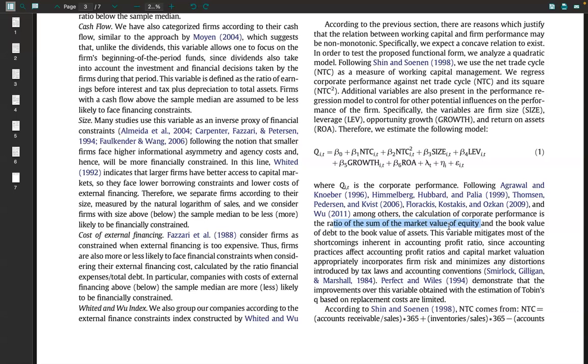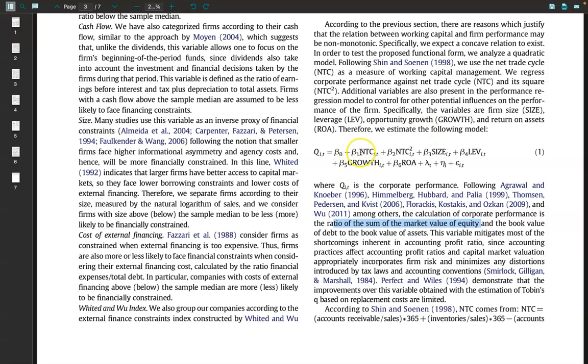At the same time, the book value of the assets can be taken. So what they're measuring over here is Tobin's Q. With Tobin's Q, they can assess the performance in the market.